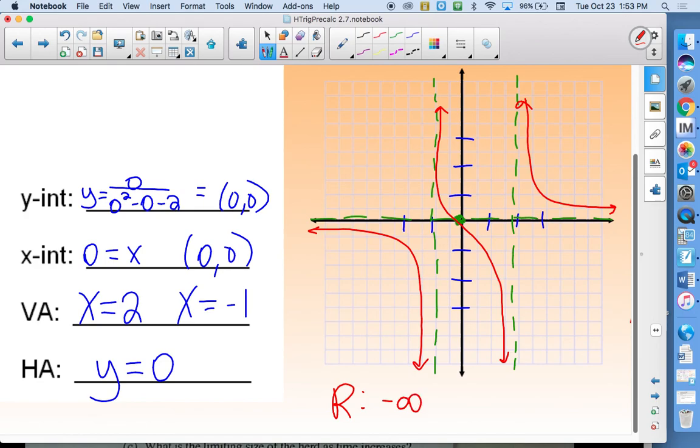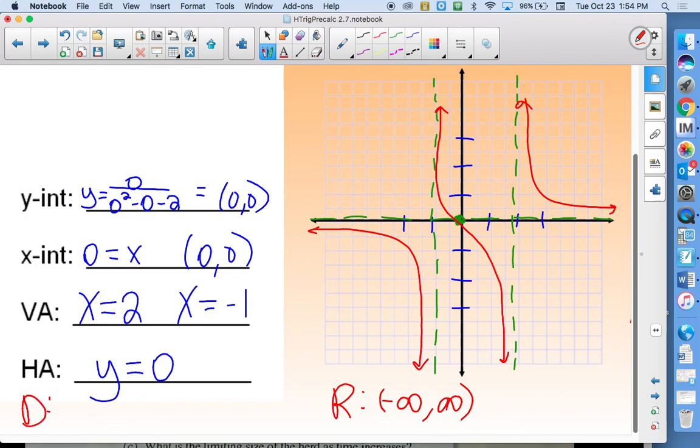What's the range of this graph? Oh, but is there a point at 0? Yes, yeah. So negative infinity to positive infinity. So even though you have these two curves, those curves are called branches. That middle part touches 0. So it kind of overrides the other two curves, and the range would just be from negative infinity all the way to positive infinity, because that center part's touching everything.